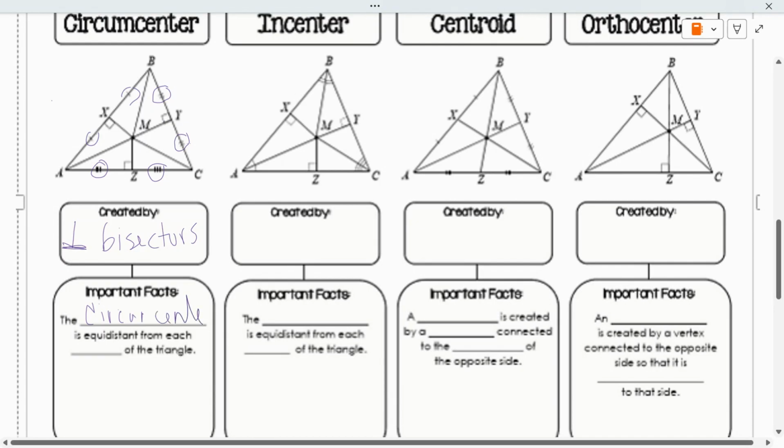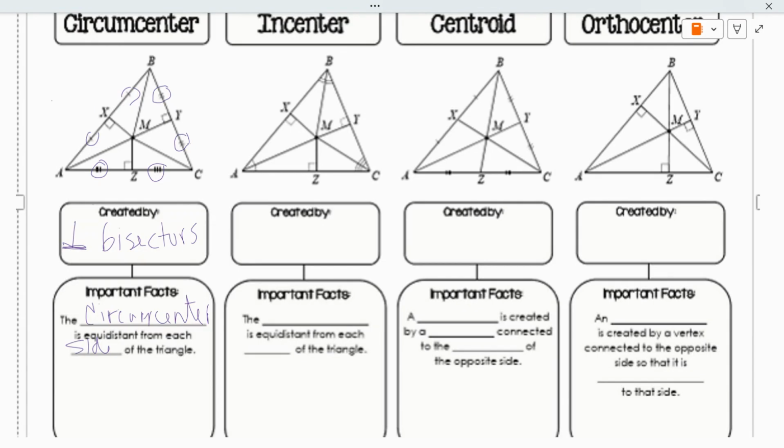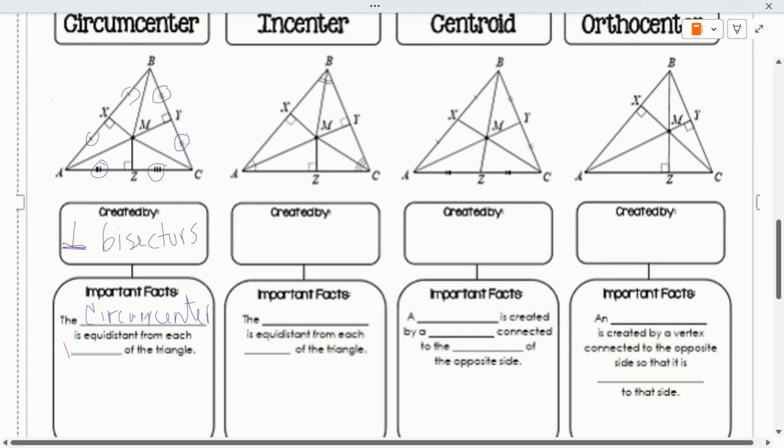Oh my goodness, I don't have a working stylus at home, sorry. So the circumcenter is equidistant from each side of the triangle. The circumcenter is equidistant from, not from each side, from each vertex.